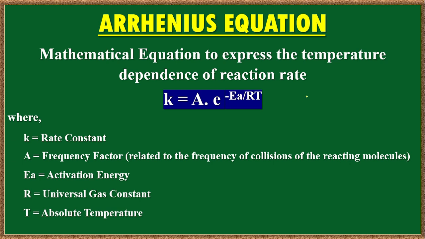But in general, the rate of any reaction is directly proportional to the concentration of the reactants. Or we can say that rate is equal to small k, which is the constant of proportionality, into R. This small k refers to the rate constant.